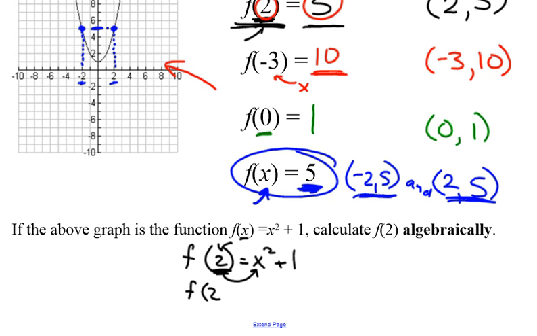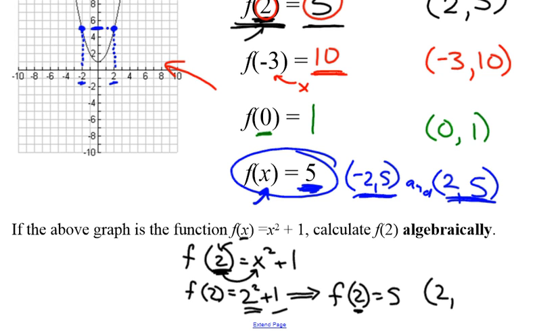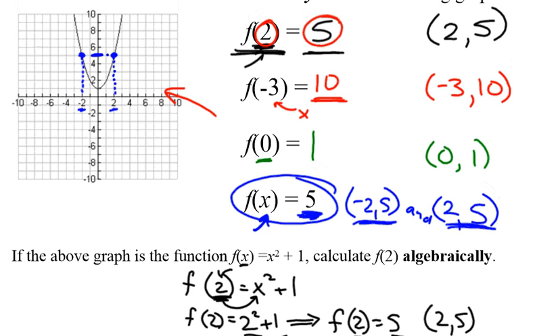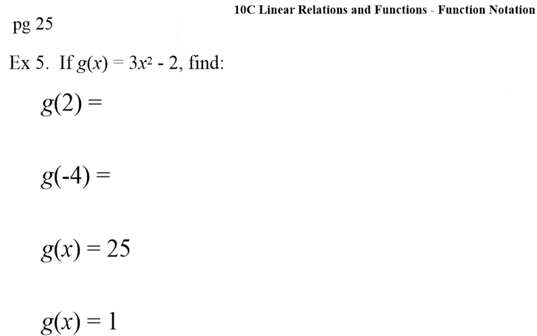So f at 2 will equal 2 squared plus 1. 2 squared is 4, plus 1 is 5. So f at 2 equals 5, which means when x is 2, y is 5. That's what we had algebraically, and that's what we had from the graph. 2, 5 from the graph, 2, 5 algebraically. Function notation.